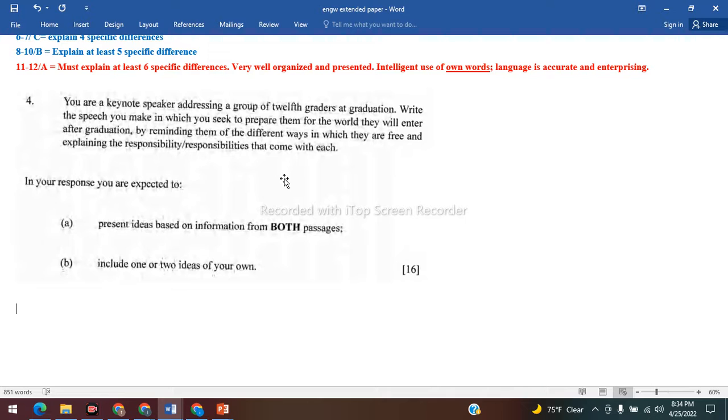If you notice carefully, there's a subtlety with this question, and some people may miss it. They told you what to say in the speech, so don't just think you'll say whatever you want. They're saying, write a speech in which you seek to prepare them for the world they will enter after graduation.